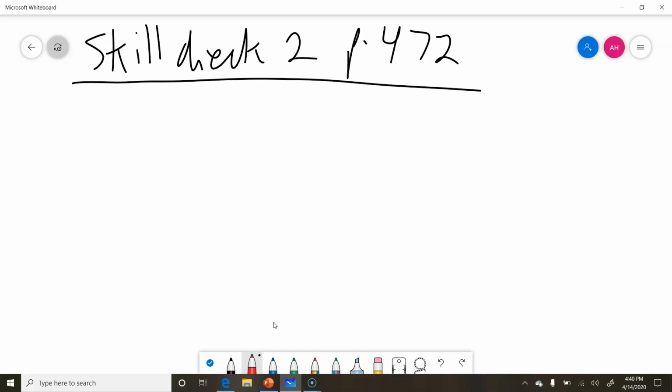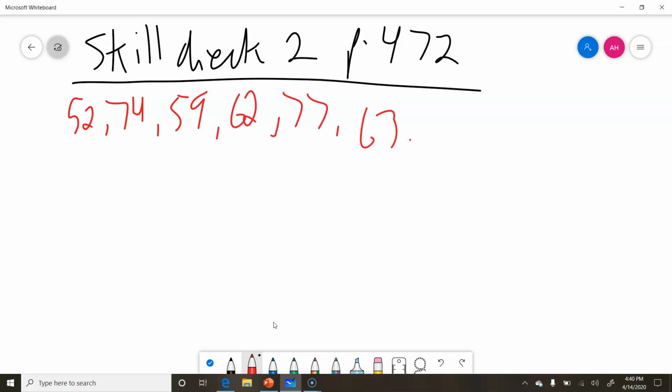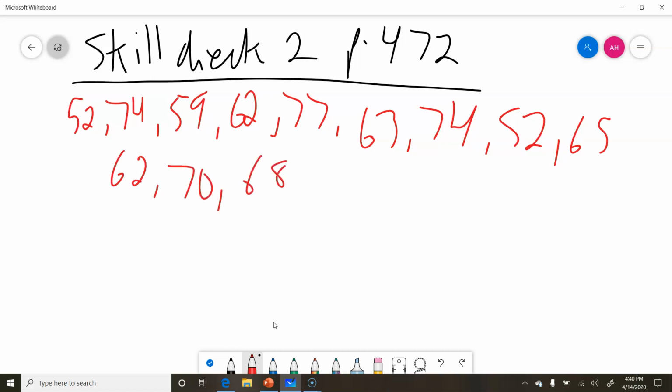So here are the numbers that they give us: 52, 74, 59, 62, 77, 63, 74, 52, 65, 62, 70, and then 68.